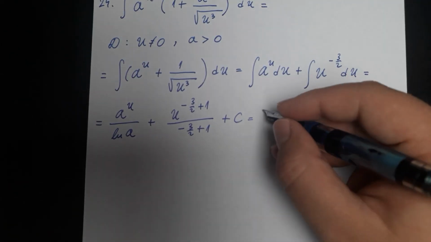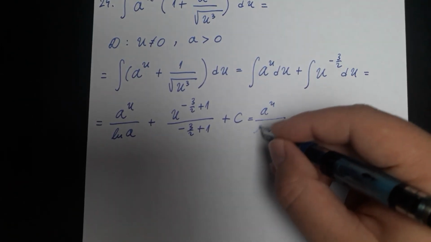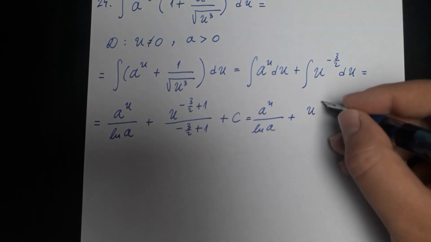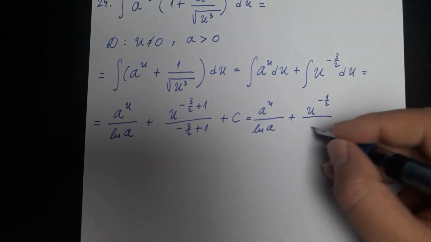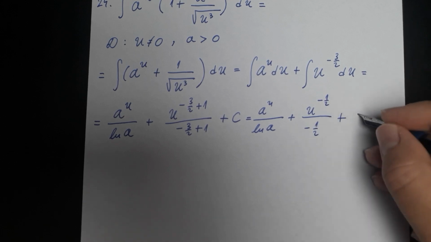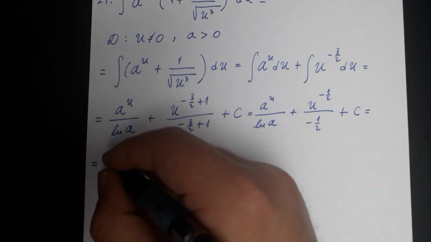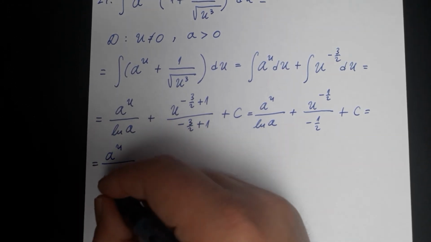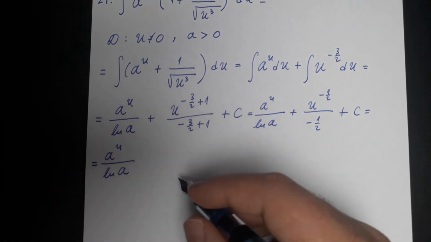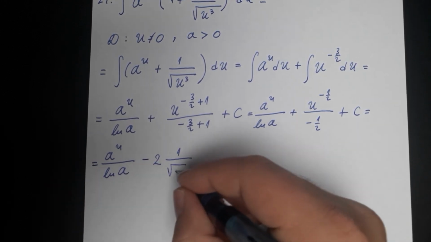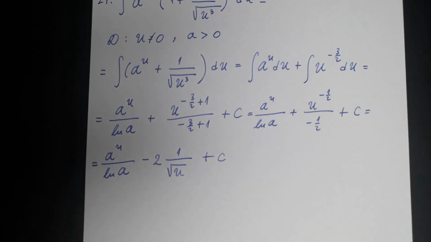This is then equal to a to the power u divided by ln of a plus u to the power negative 1/2 divided by negative 1/2 plus c, which is ultimately equal to a to the power u divided by ln of a minus 2 times 1 divided by the square root of u plus c.